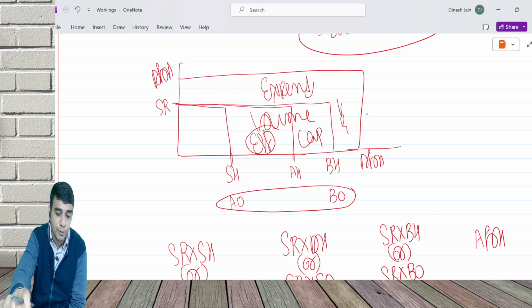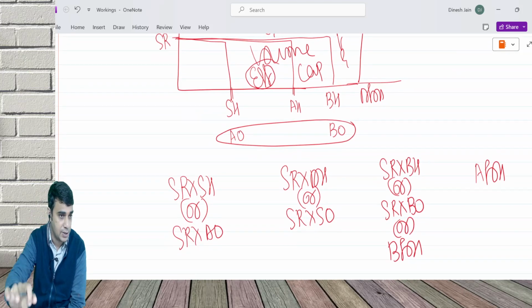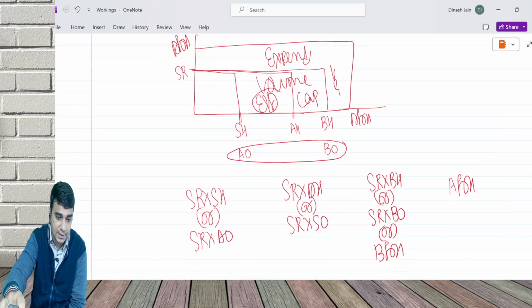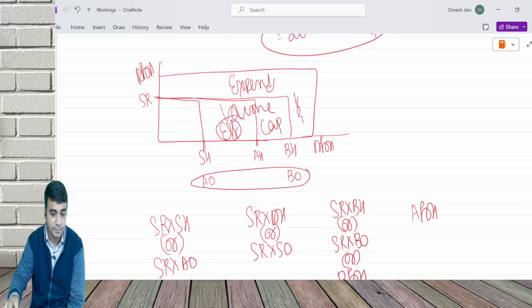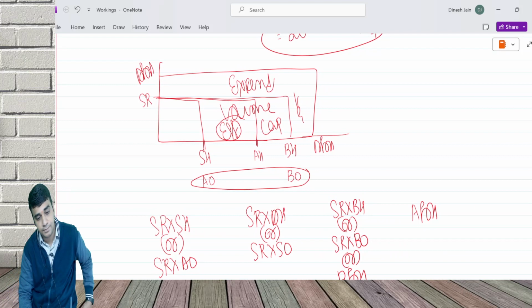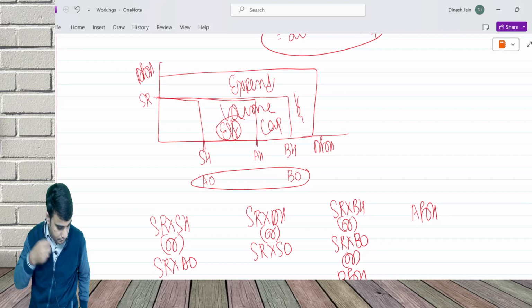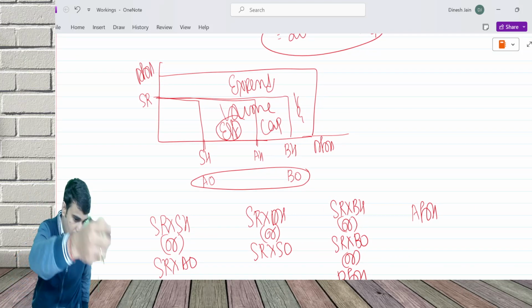For the time being, put the chart and this computation table. Formula I'll write in some time. Put the chart, keep writing it.